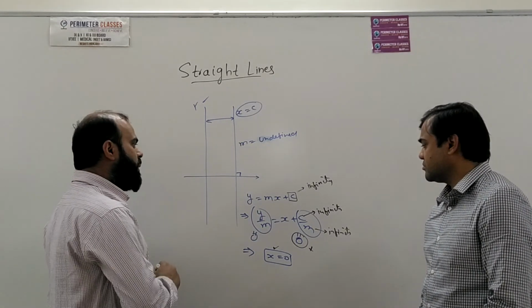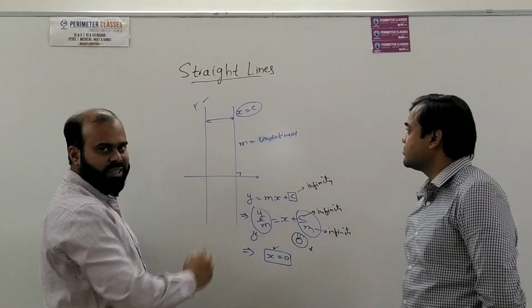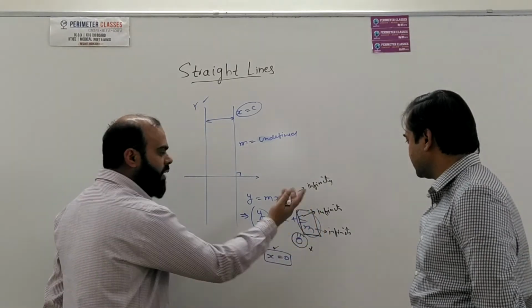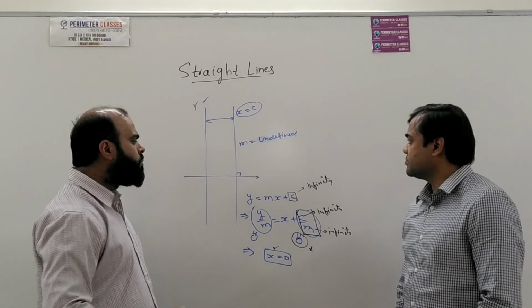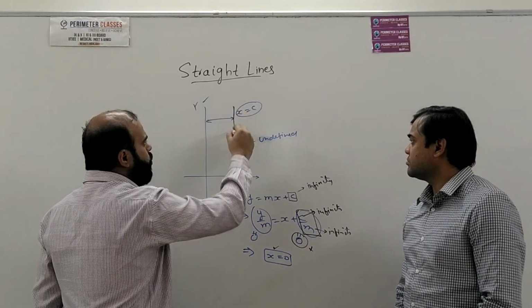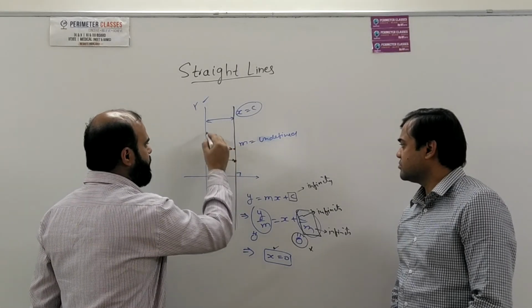So when we try to find the equation of this line from this equation, you will get stuck here because you won't be able to calculate c/m, infinity upon infinity. It is very easy to see that this is a line whose x coordinate is always the same everywhere.